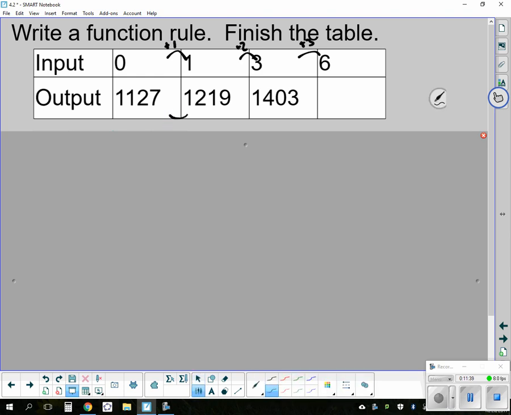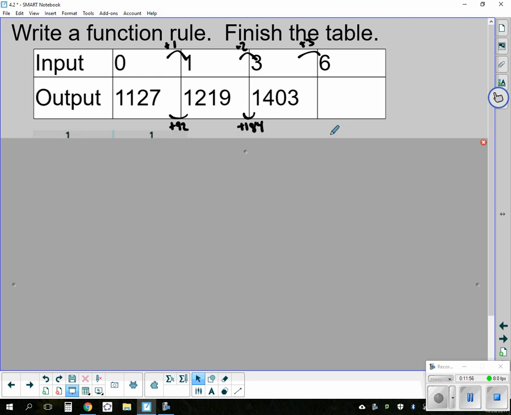Over here, you subtract these two numbers to find that you're adding 92. 1403 minus 1219, we added 184. We don't know this number, so I'm going to leave that blank until we figure out our function rule. Look and see if you have a constant rate of change.